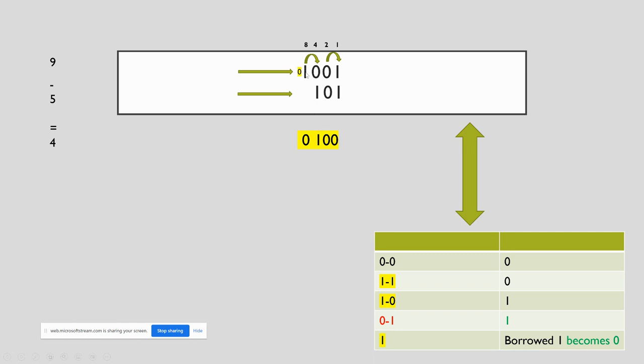Whatever is in here becomes 0, and then comes down as 0. But I don't really need it, because I'm only after 100, because 1 is the most significant here, and the 0 here is the least significant. So this is basically the addition and the subtraction.